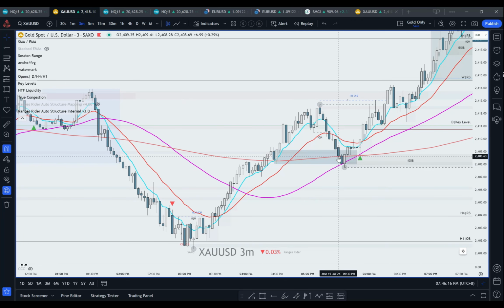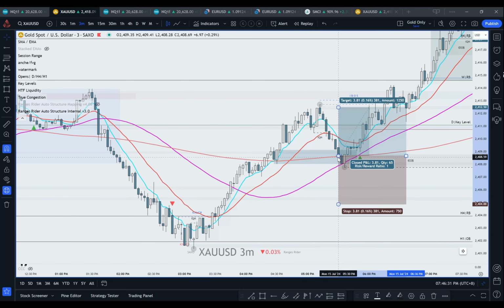So you see that I entered exactly at the 200. I don't use the moving averages alone for the entry. Of course, I just take the entry where the price can maximum reach. So this was my entry price, exactly at the 200 moving average.